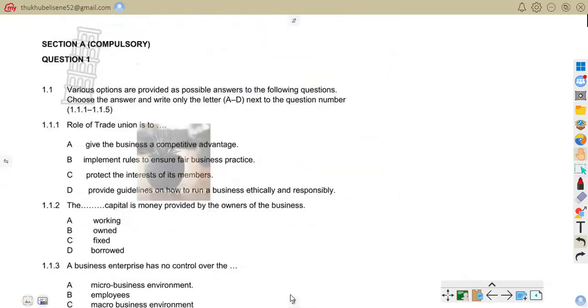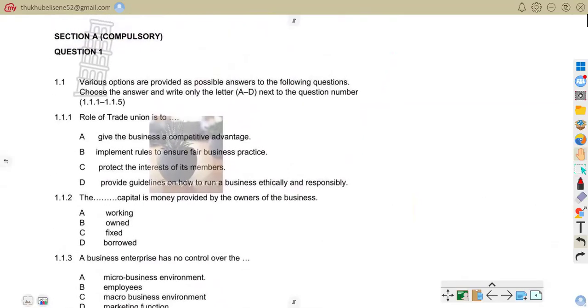So let's quickly go to Section A, which you know very well is compulsory. Our Section A is multiple choice questions. 1.1 says various options are provided as possible answers to the following questions. Choose the answer and write only the letter A to D next to the question number, 1.1.1 to 1.1.5. 1.1.1 says the role of a trade union is to, and then we are given 4 options from which we are to come up with the correct answer.